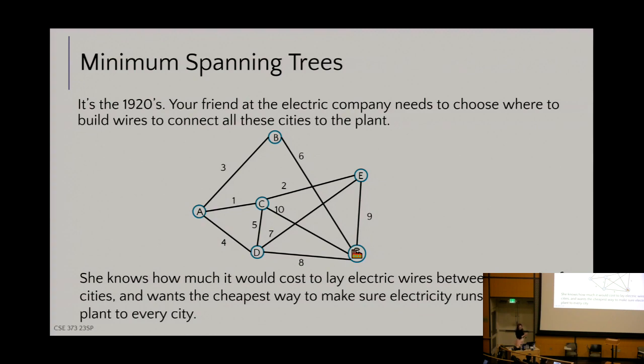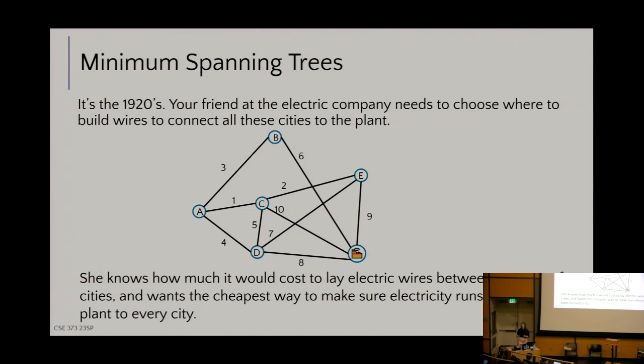Okay, so it's the 1920s. Your friend at the electric company needs to choose where to build wires to connect all of the cities to the brand new electrical grid. We know that the way an electric circuit works is that as long as you're connected to the circuit, you get access to electricity.